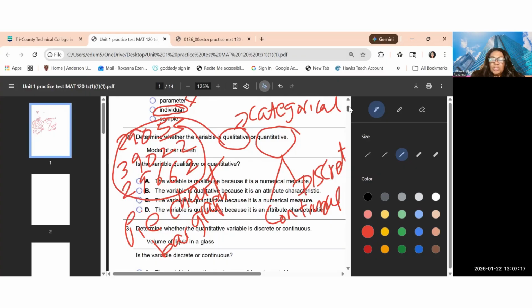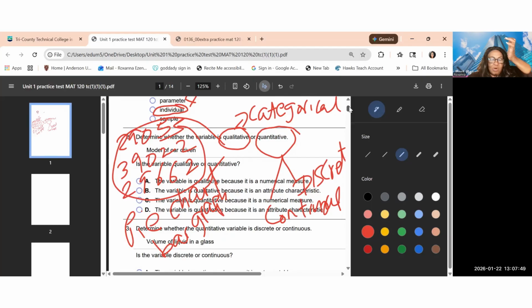All right. Continuous. In other words, a quantitative variable can be discrete or continuous. But whether discrete or continuous, they are all quantitative. Arithmetic still makes sense. So a discrete variable is quantitative. A continuous variable is quantitative. So what is continuous? A continuous variable must be measurable.